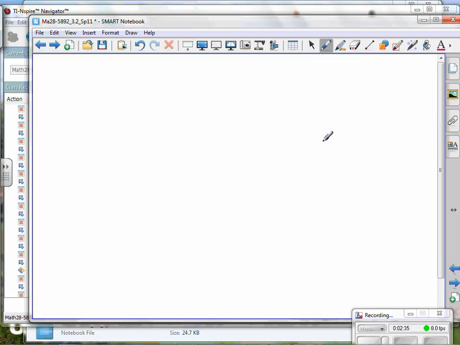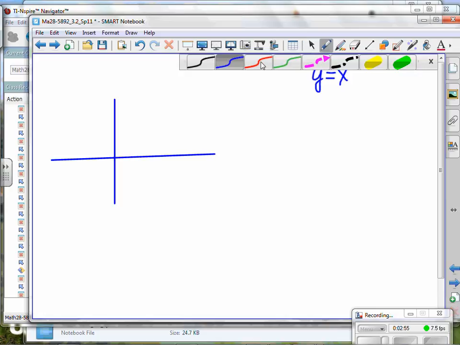And then let's start with y equals x. I put on this axis the equation y equals x.